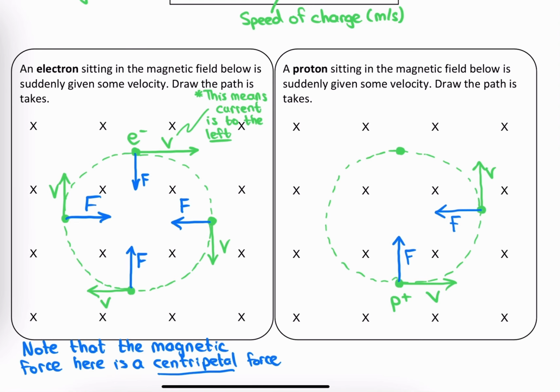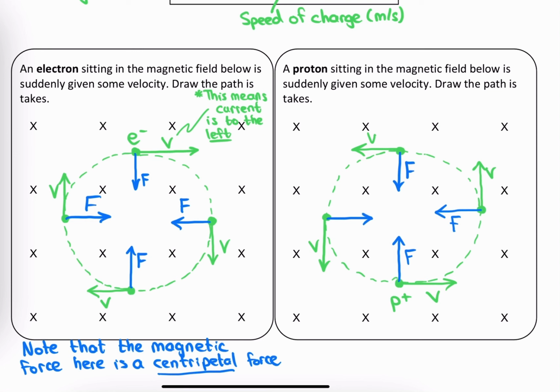When the proton's at the top here, it's going to be moving to the left, and it'll feel a force that is downwards towards the bottom of the page, and when the proton is at the left side of the circle, it'll be moving down, and it'll feel a force that's to the right, again, towards the center of the circle.